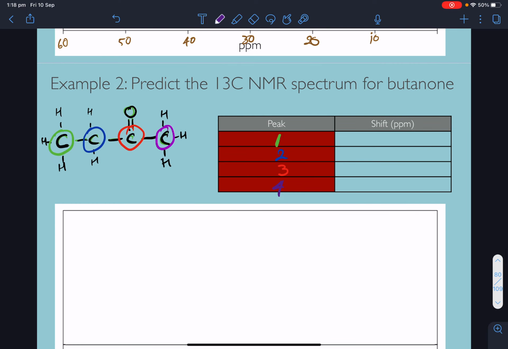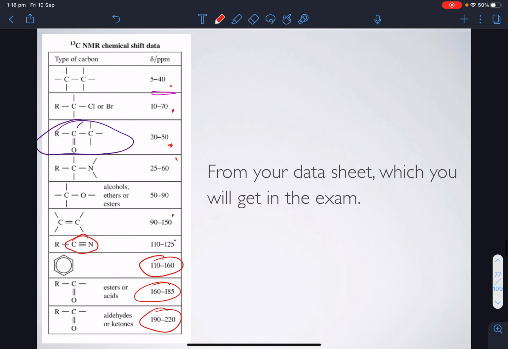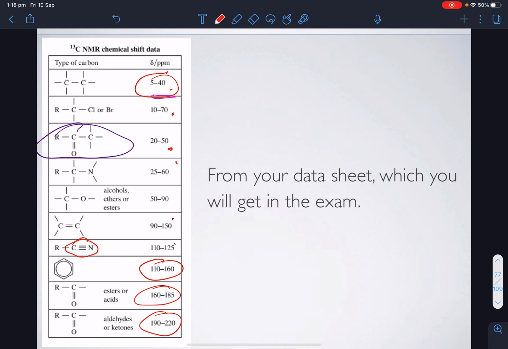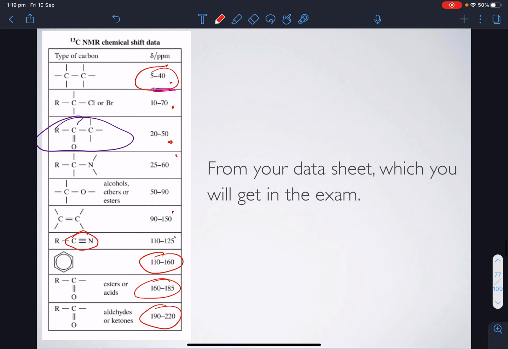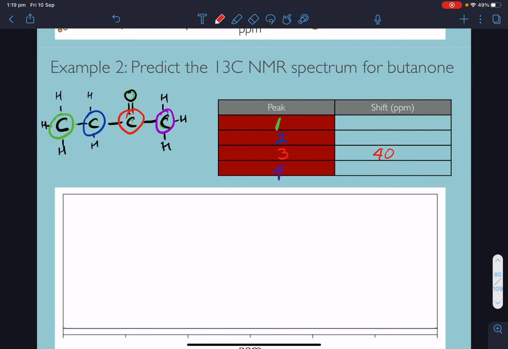So that red one is about 40. The one near it is probably just a bit down, so do the CH3 on the end just a bit below 40. Let's call it 35. So the purple one, 35, and then the blue one, let's do it 32.